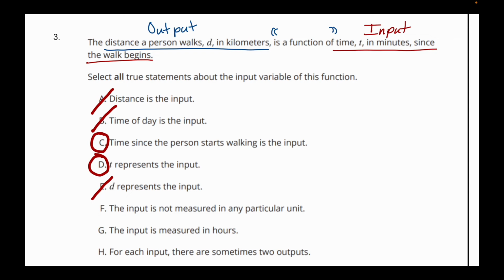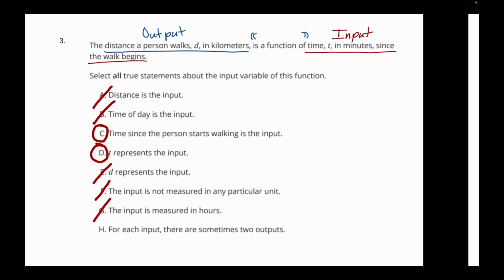That is actually not true because they told us that time t is measured in minutes, so it is measured in a specific unit. It's measured in minutes. Choice G says that it's measured in hours, and we just decided no, it was measured in minutes, so that's also not true.